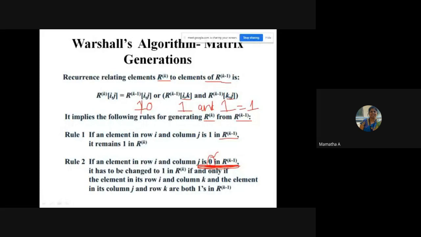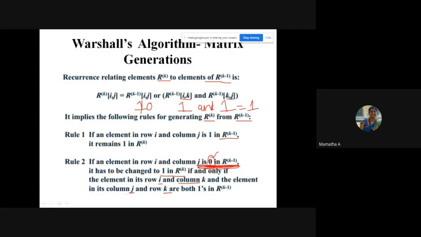But it can be changed to 1 in Rk. I can change it to 1 in Rk if and only if the element in its row I and column k is 1 and the element in row k and column j is 1.